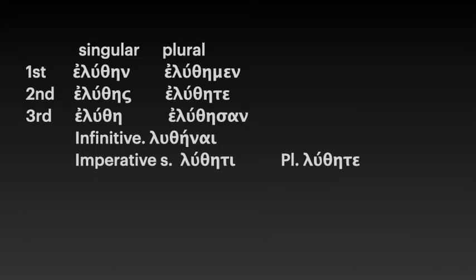Then we have a theta in the middle. If we take the verb luo, I loosen, or we've even got the word analysis, so we've got lu and then the theta.